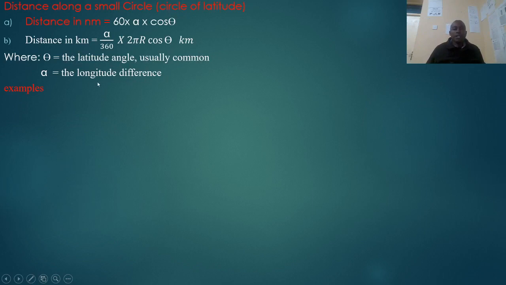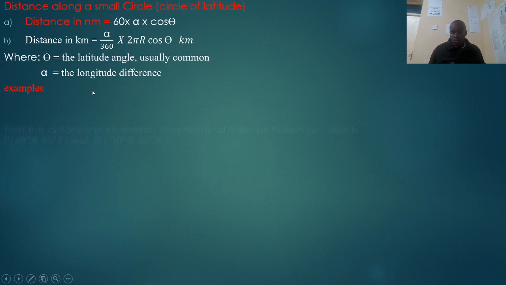Whereas the theta becomes the latitude angle. That is the angle which is usually common. Like you've seen from above, when we were talking about the equator, it was 0 degrees on both sides. So the common angle is what we usually use as theta in this case. And the alpha is that longitude difference.